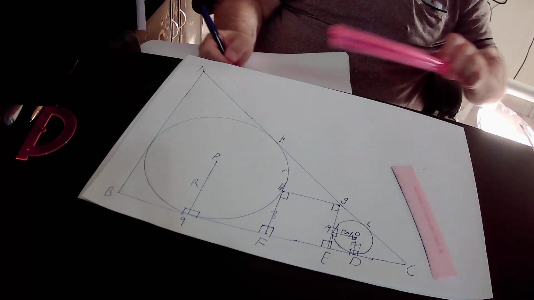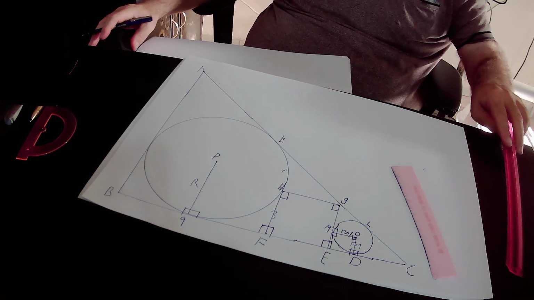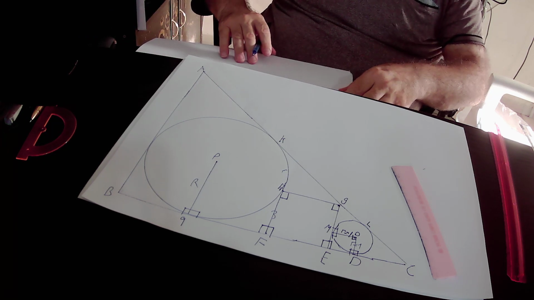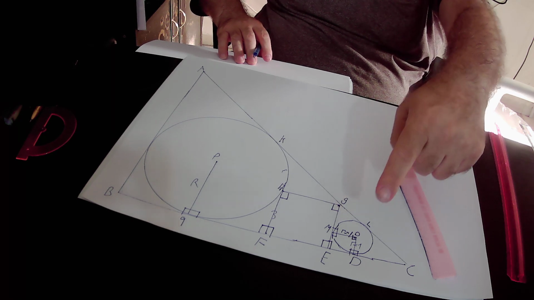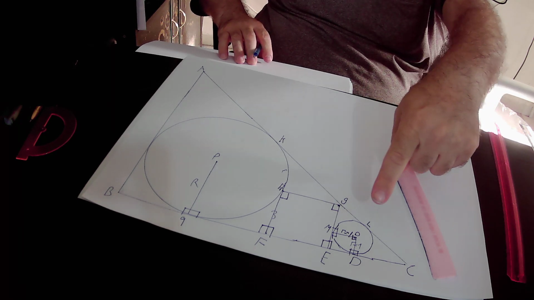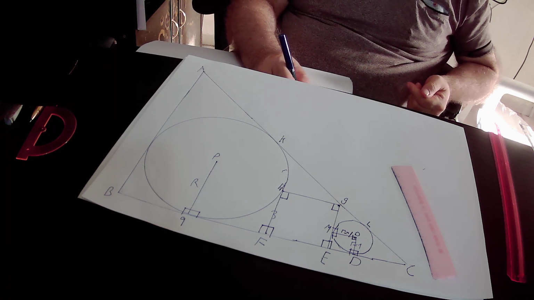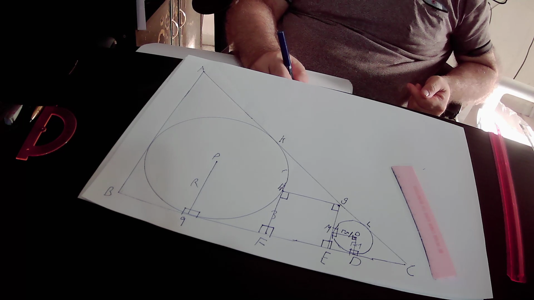So quadrilateral OMED is a rectangle, and we know that the opposite sides of a rectangle are equal to each other. That is to say, OM equals ED.